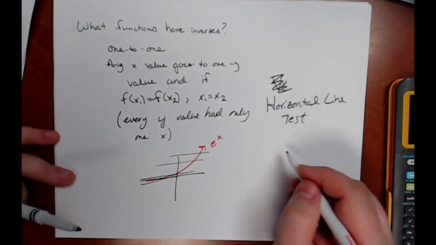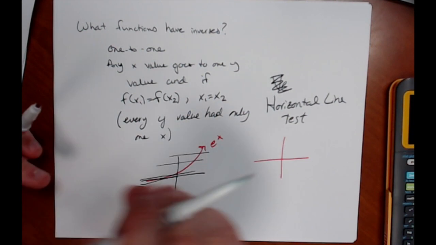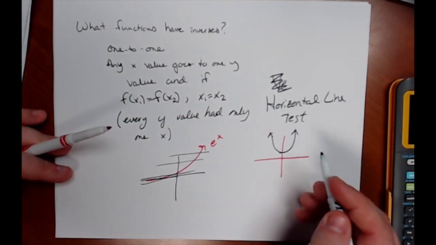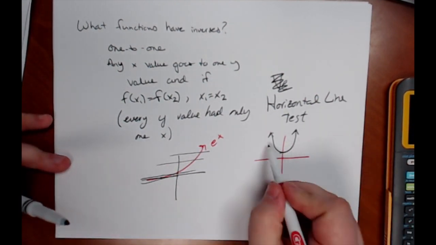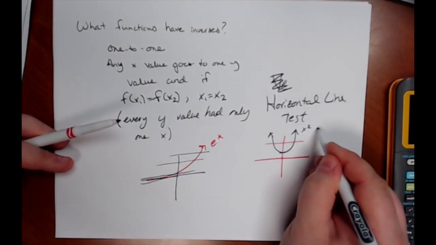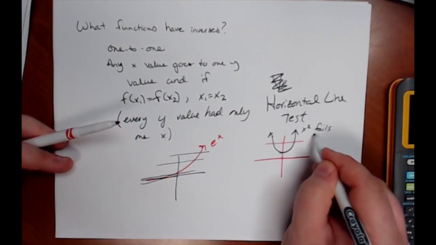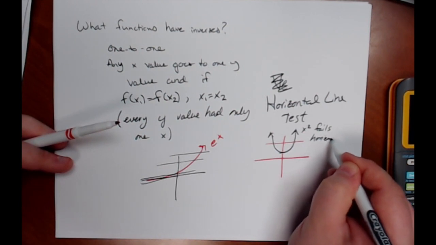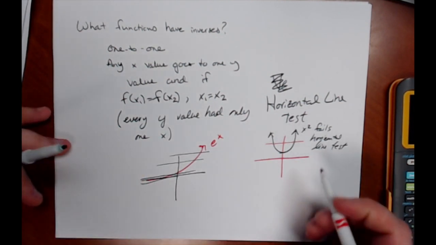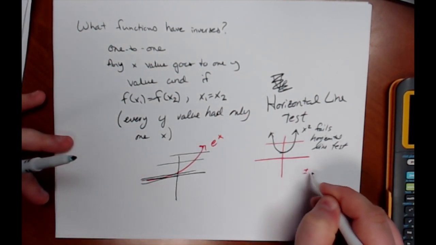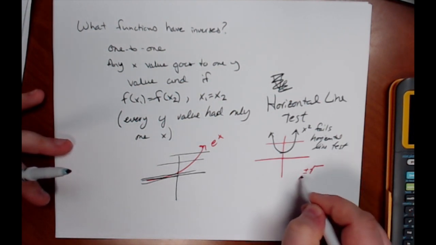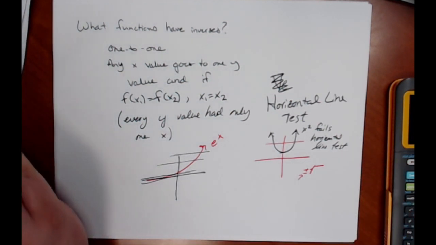But something like x squared, and this looks like x squared plus 1 maybe, failed the horizontal line test. It has no inverse, right? Because if x squared had an inverse, we ended up needing plus or minus the square root. And so that gave us a non-unique value.